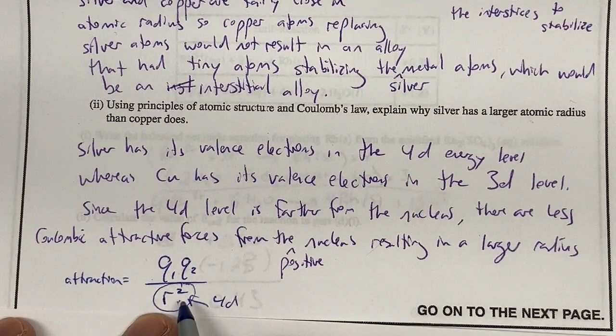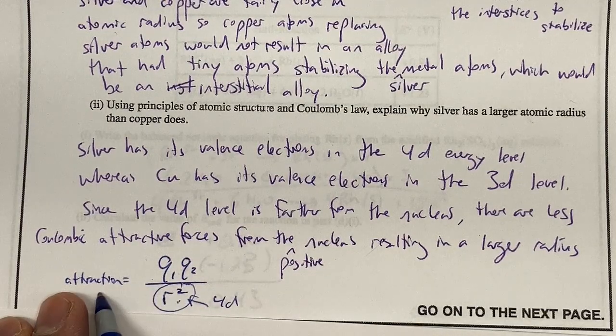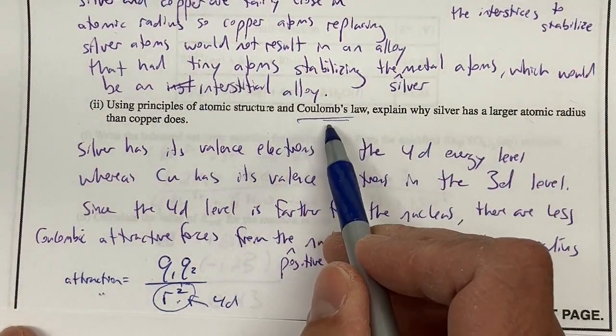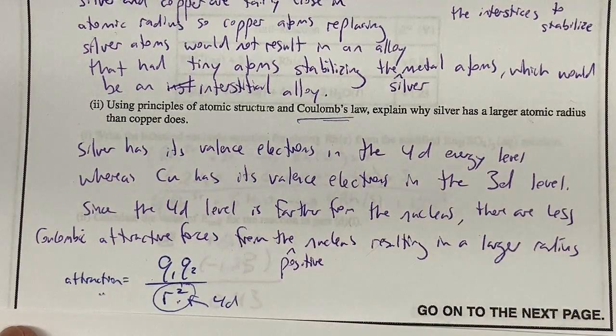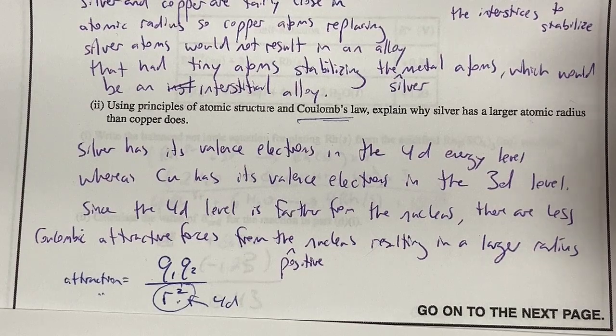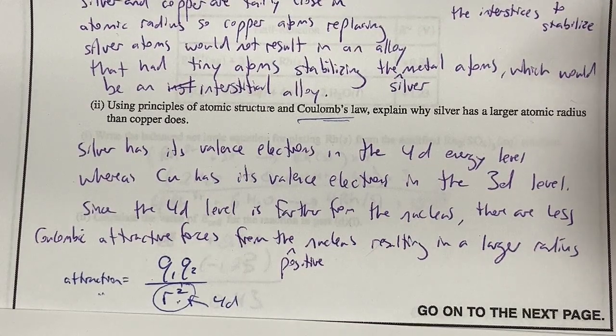A bigger radius means this overall thing becomes smaller because it's in the denominator, and the attraction therefore drops. So make sure you write about attractions when it talks about Coulomb's law. Don't just write about the 4d level versus the 3d level being farther away. I don't think that's going to be good enough.